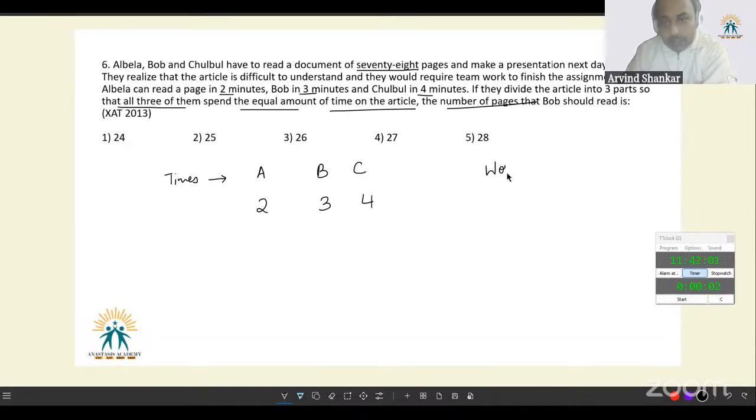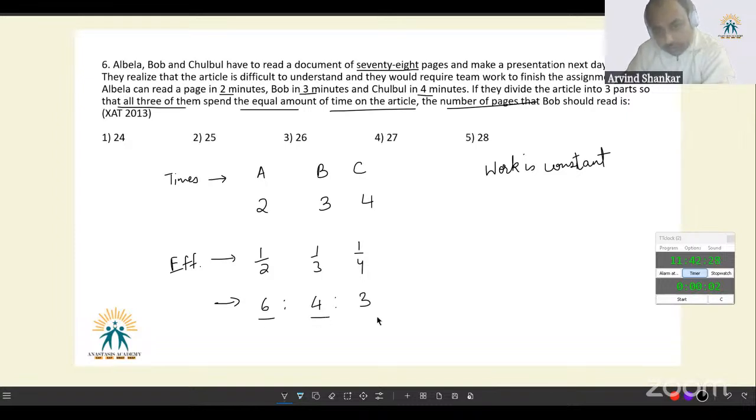If the work is constant, and the ratio of times is this, the ratio of their efficiencies can be identified, which will simply be the reciprocal of this. 1 by 2 is to 1 by 3 is to 1 by 4, which we can happily break down as 6 is to 4 is to 3. The ratio of the respective efficiencies is 6 is to 4 is to 3.